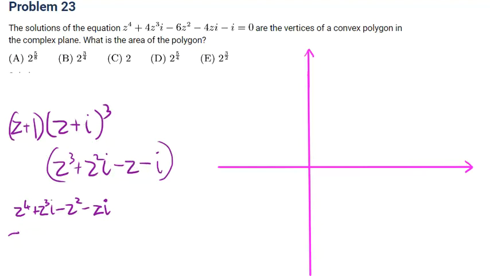Let's see, I feel like this thing is hard to factorize.